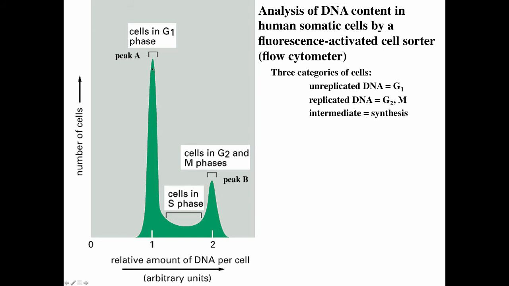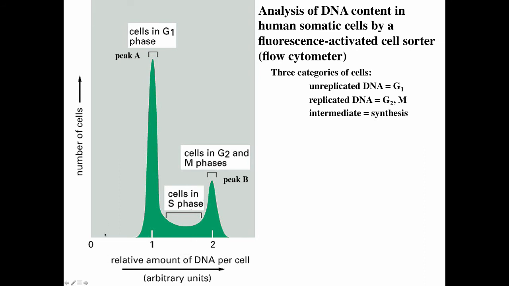And then there are cells that have replicated their DNA. These would be the cells represented in peak B. And those could be cells that are either in G2 or in the early M phase of the cell cycle. And then there are cells that are intermediate between these two peaks. These would be cells in the S phase of the cell cycle.